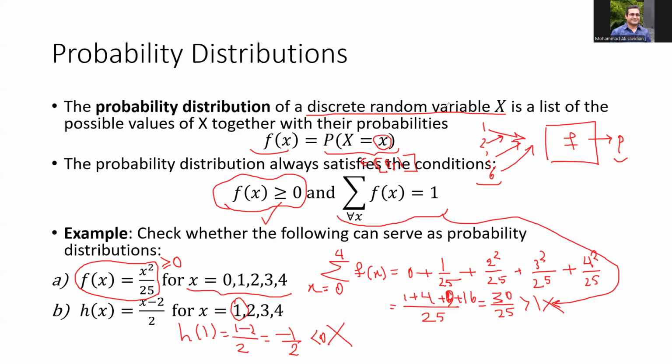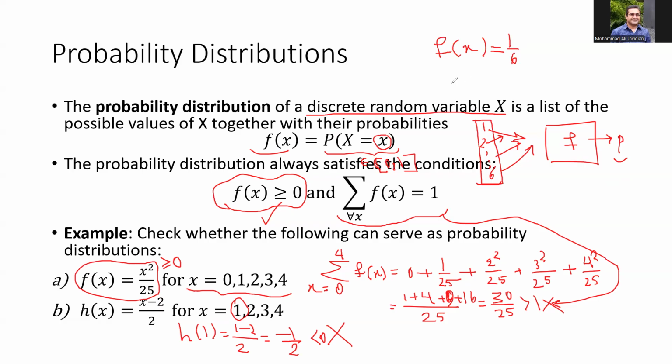But for example, can I give you a situation that the function defines a probability distribution? For example, the case that you roll a die, f of x, if the die is balanced, is 1/6.